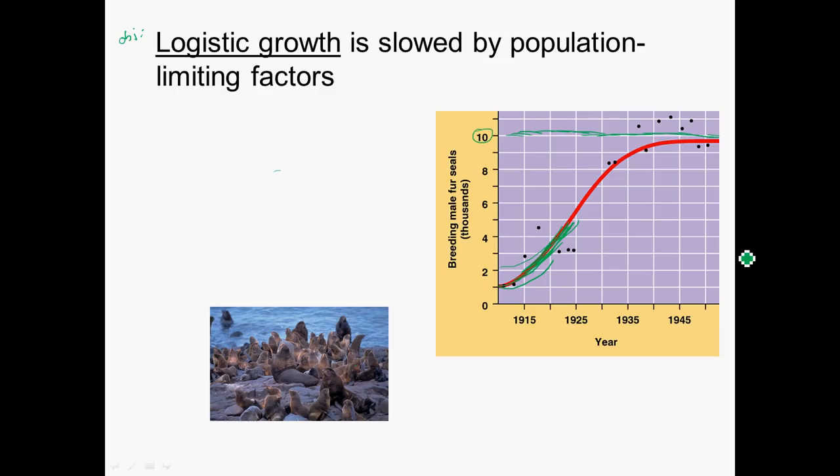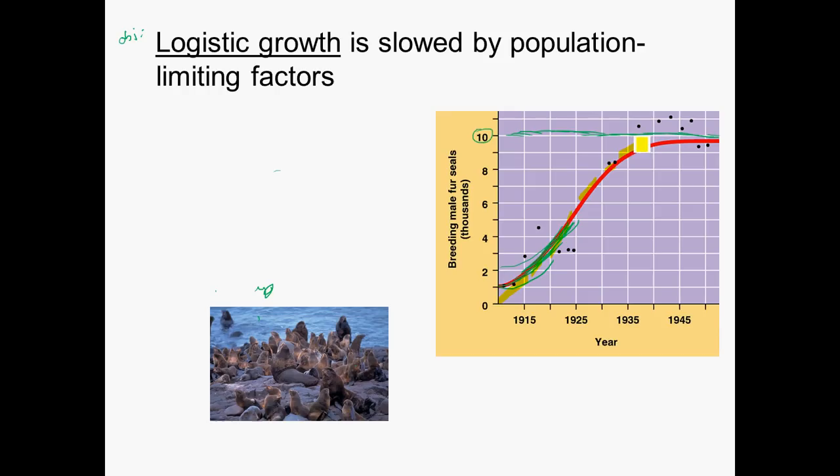Now look at the rate of change of that logistic curve. Can you see that the rate of change over here is what? What are the tangent lines? Tangent line positive and higher, tangent line positive and higher, tangent line positive and higher, tangent line still positive, but the value of the slope is lower.